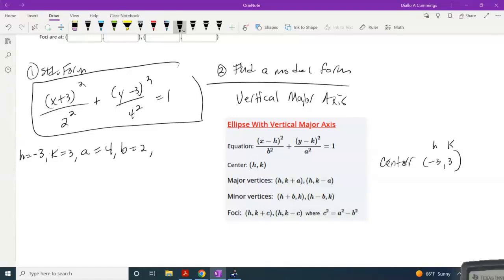And I'm also going to find C. In order to find C, we're going to use that formula. C is equal to the square root of A squared minus B squared. A squared is 16 minus B squared, which is 4. So C is equal to the square root of 12.